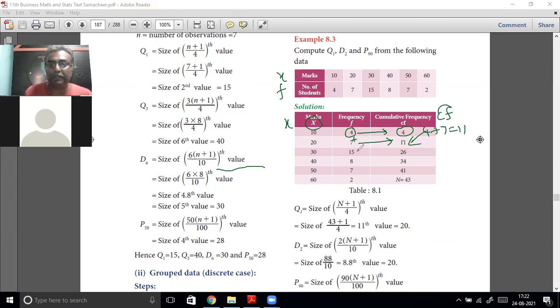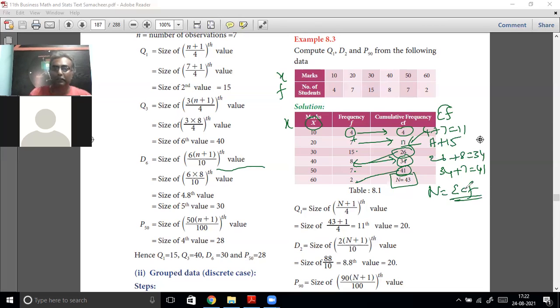Then 11 plus 15 is 26. 26 plus 8 is 34. Bring it down. 34 plus 7 is 41. Then 41 plus 2 is 43. So sigma n is equal to the cumulative frequency.